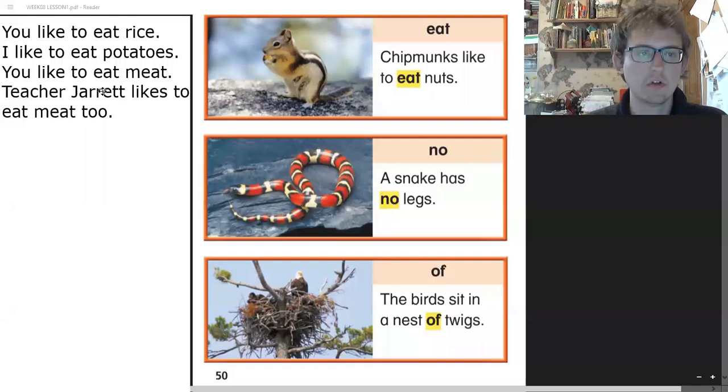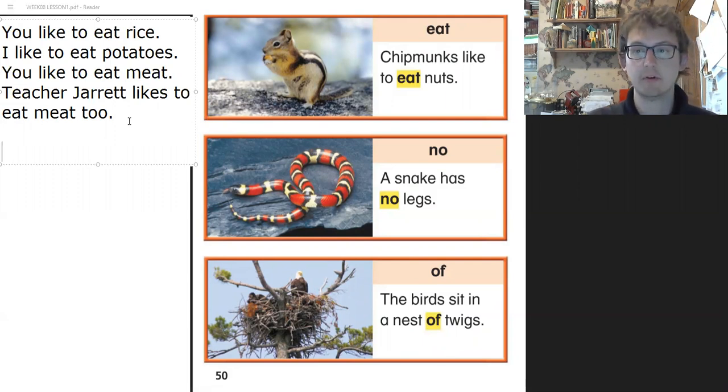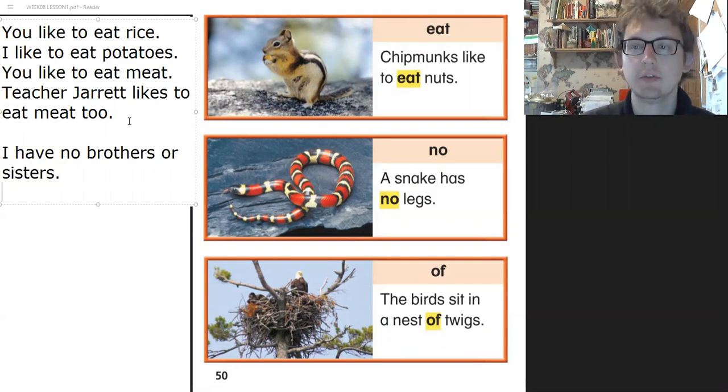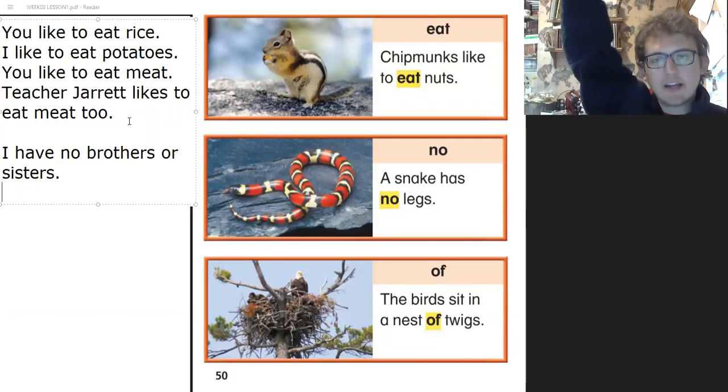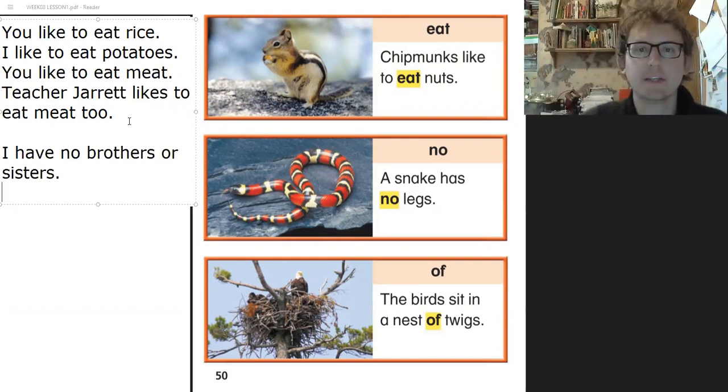Let's go to our examples. For example, you could say, I have no brothers or sisters, right? That means you don't have any brothers or sisters. What else can you say? Do you have any ideas? If you have an idea, raise your hand.